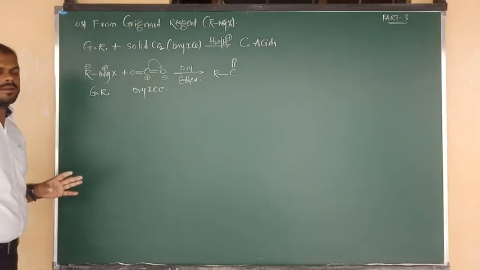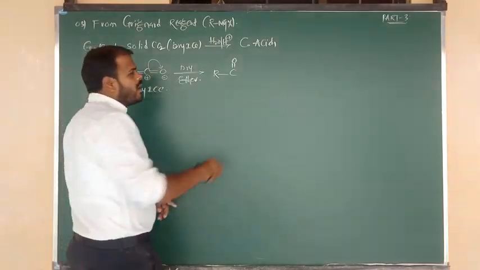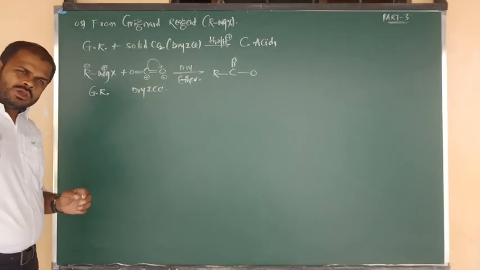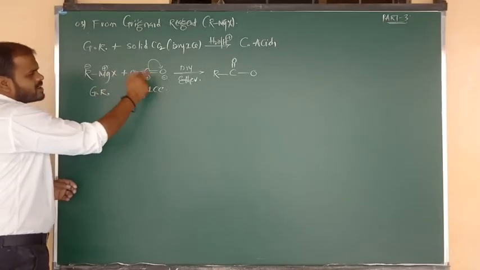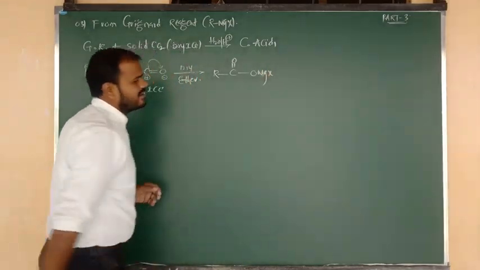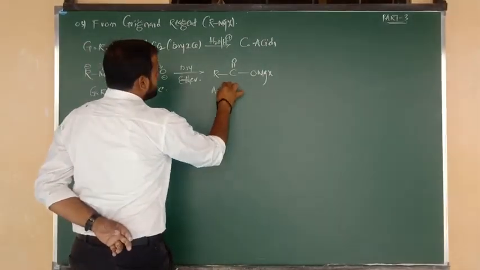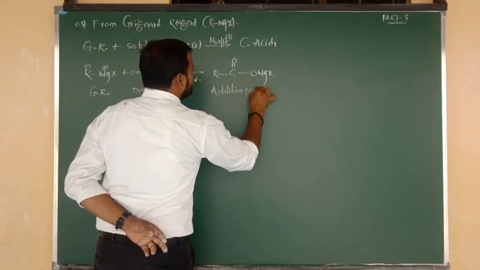The right side C double bond O becomes a single bond after shifting of the pi bond. But here O carries negative charge, which is attacked by positive, MgX attacks upon O. So we get OMgX. This is your intermediate product, called the addition product.